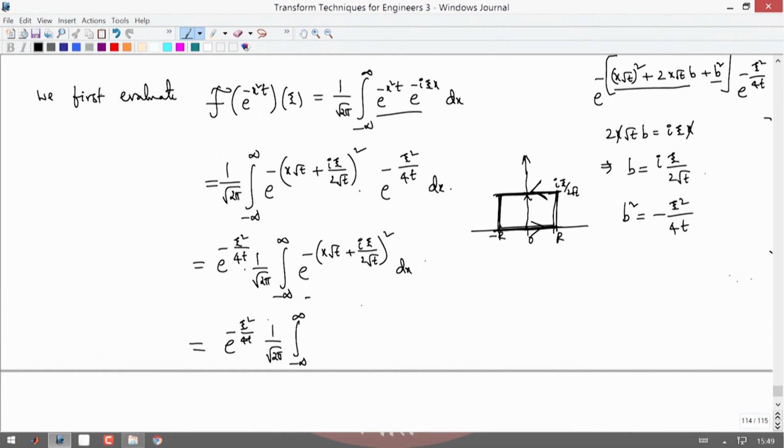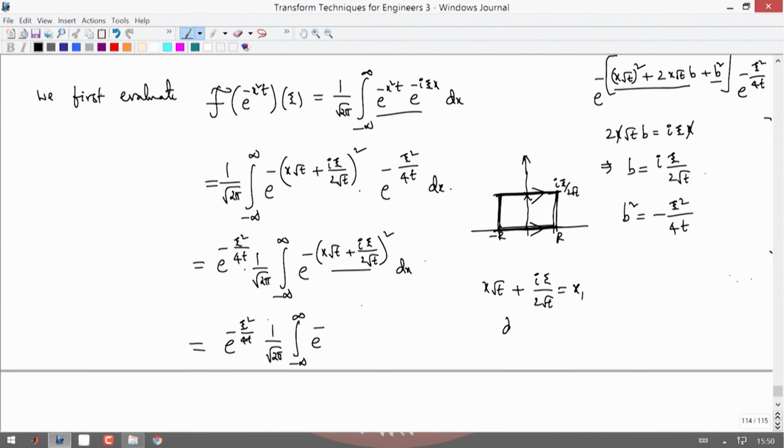So, you will see that this will be the same as e power minus this, over this integral, and that should be the same as this part, okay. This plus this is 0, that means this is the same as this over this. So, that is e power minus simply x root t plus i xi by 2 root t, as some new variable, let us call this x 1, okay.